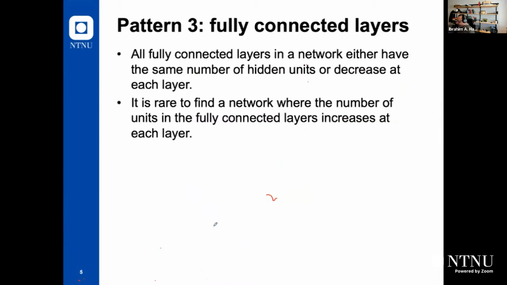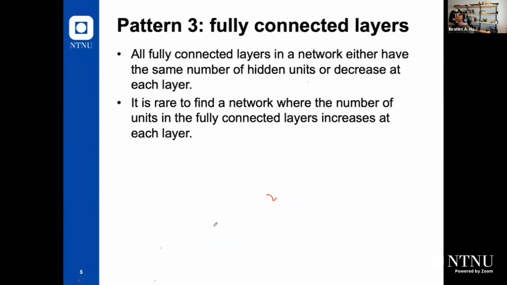Number 3, it's the fully connected layer, which we know very well. All fully connected layers in a network either have the same number of hidden units or decrease at each layer. It could be the same number of hidden units in each layer, but of course it might increase. I mean, decreasing is more popular, or more general.